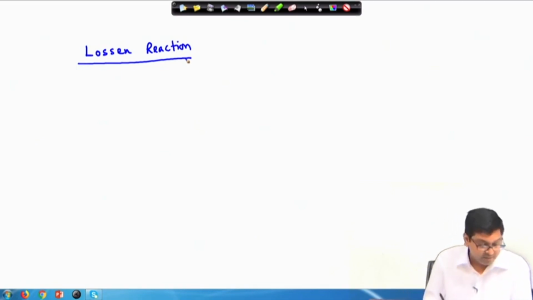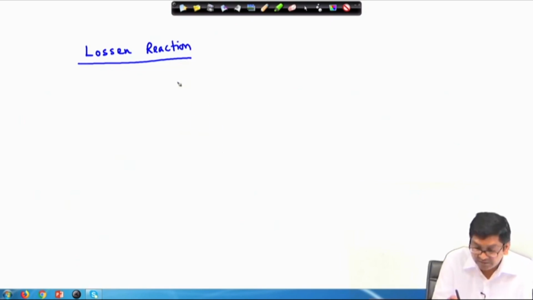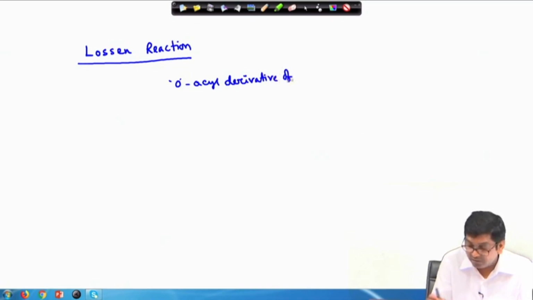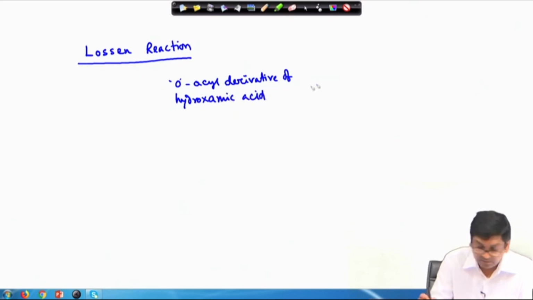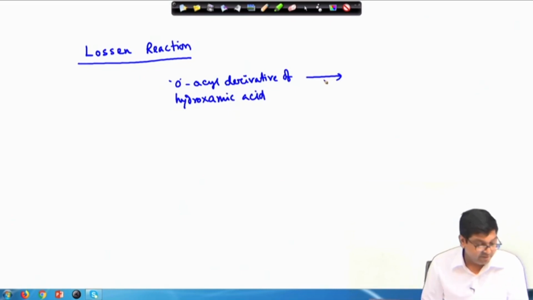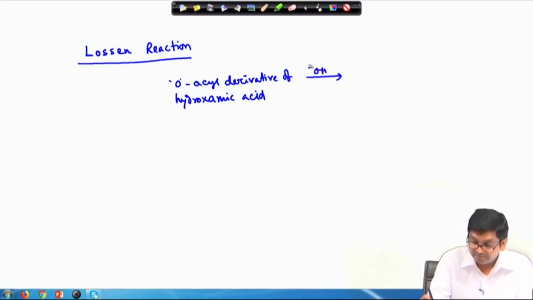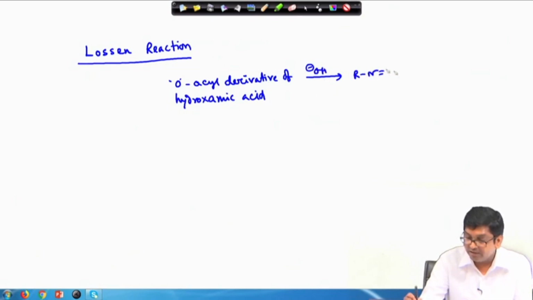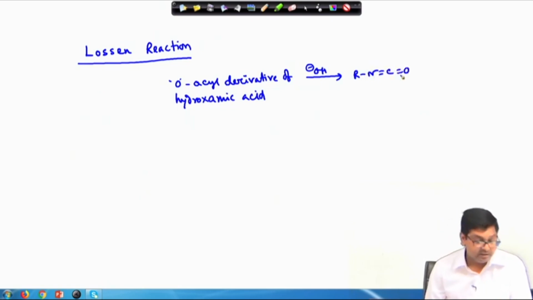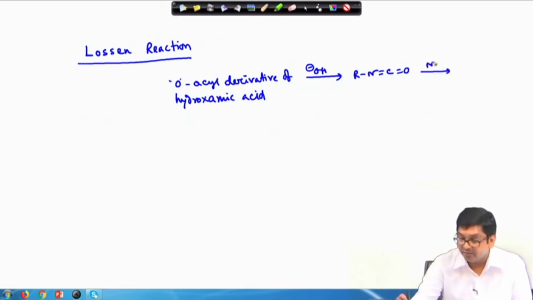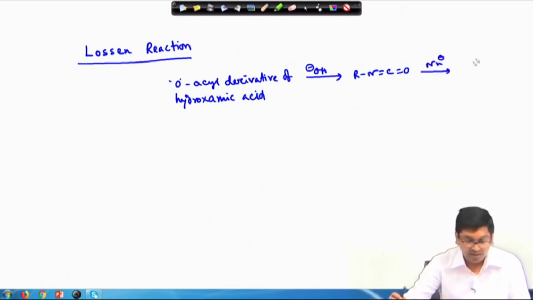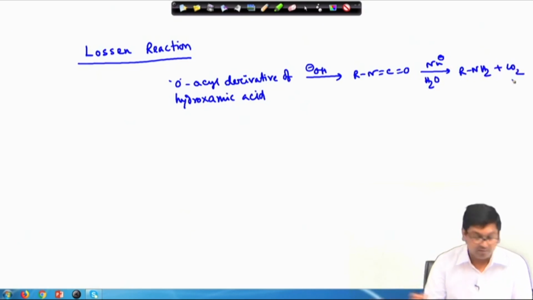So, as per example here, if we take this O-acyl derivative of hydroxamic acid, in presence of base it will give the corresponding isocyanate through this 1,2 migration, and finally, in presence of various nucleophiles like water here, this will give the amine plus carbon dioxide.